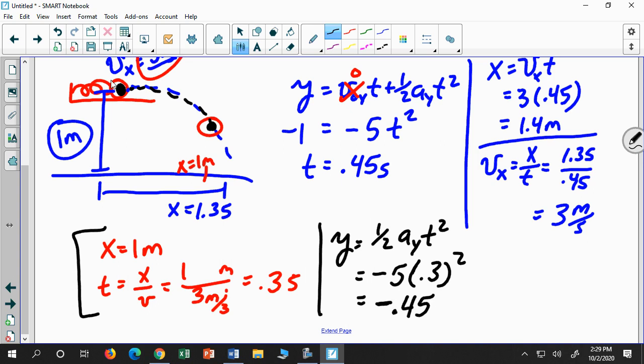Okay? Which means, if it drops 45 centimeters, how far is it from the floor? 1 meter minus 0.45 meters is equal to 0.55 meters.